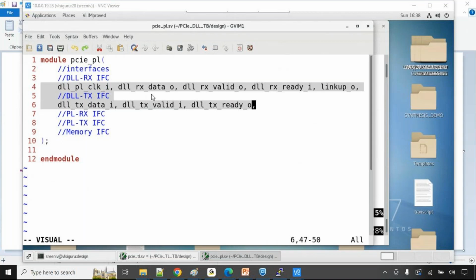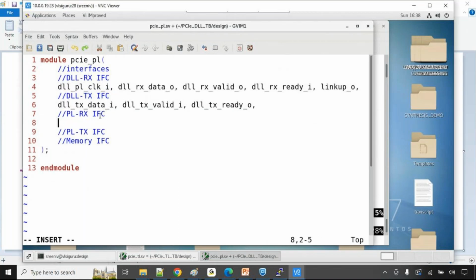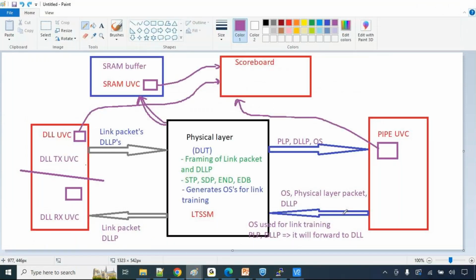Okay. Next, going by the same thing at the physical layer RX interface. If you go back to this diagram, this I'll call the RX interface. This is the transmit interface. I have to follow some naming convention, which is very important, because otherwise we'll get confused.